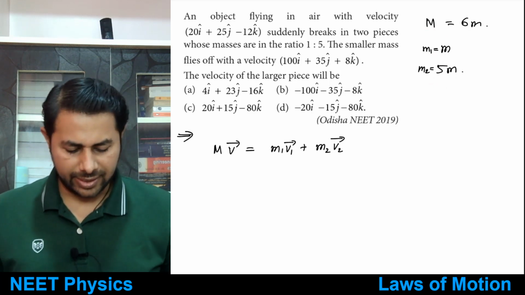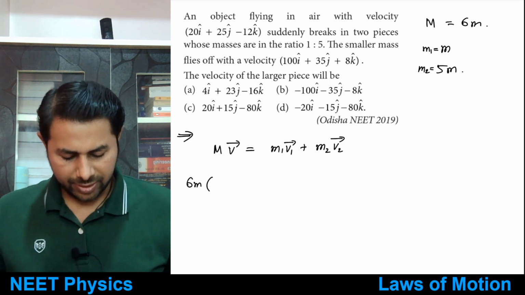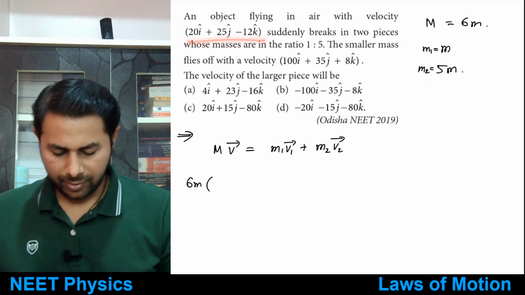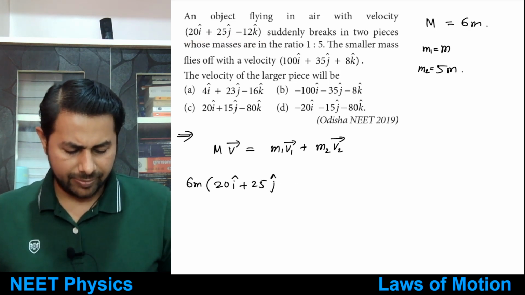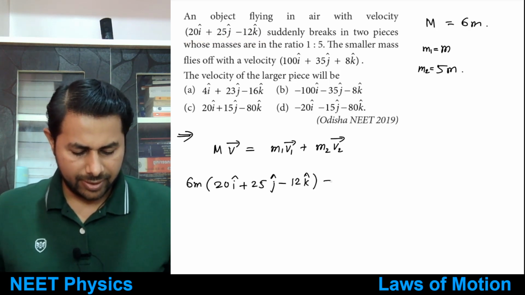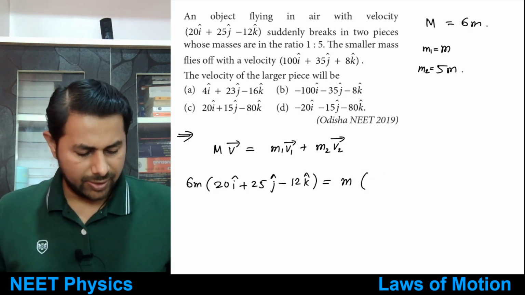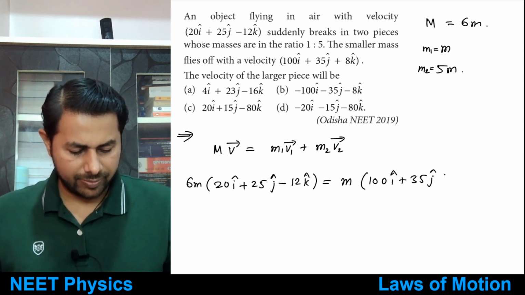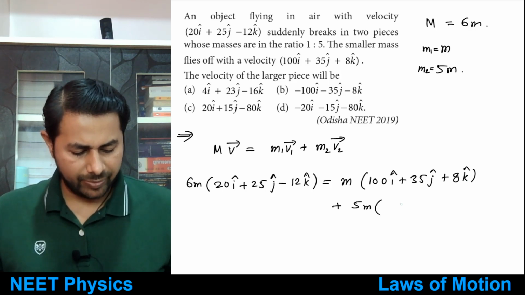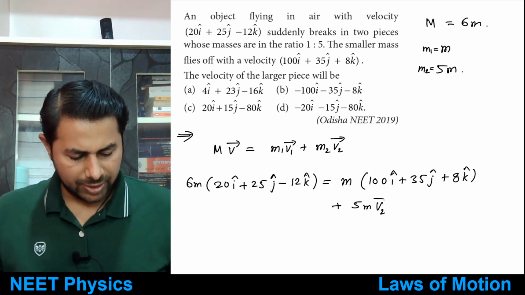So you can directly start with the second step, that is 6m multiplied by the velocity, 20i cap plus 25j cap minus 12k cap, equal to m1, which is m, and that one has velocity 100i cap plus 35j cap plus 8k cap, and the other one has mass 5m, its velocity we want to find out, velocity is v2.